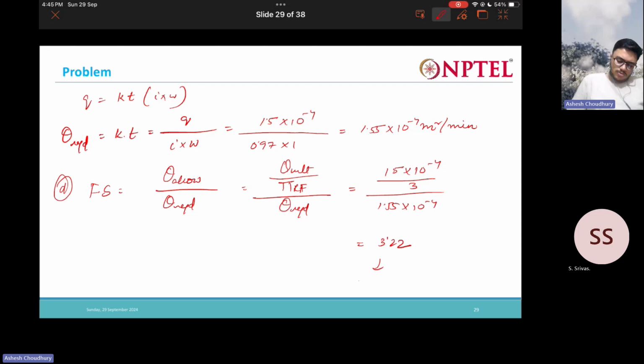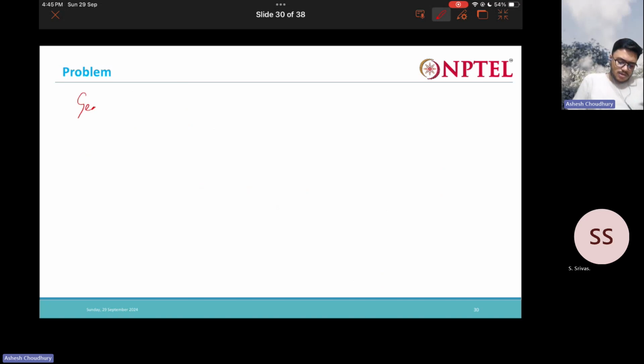So this is quite a low factor of safety. Generally, we require a factor of safety of 5 to 10.